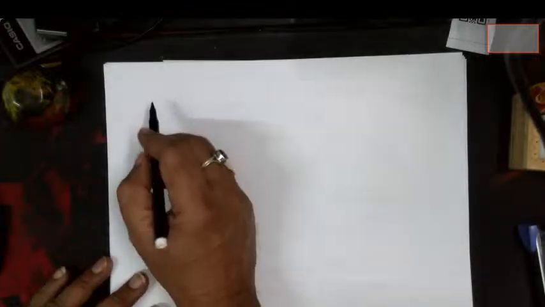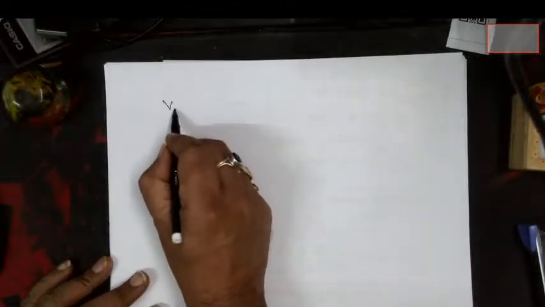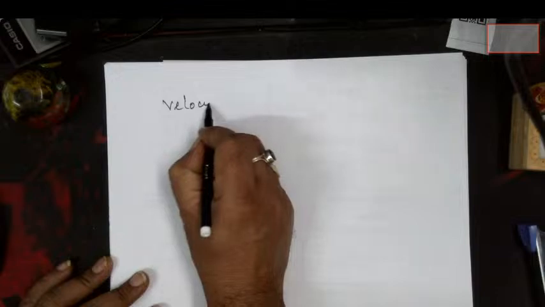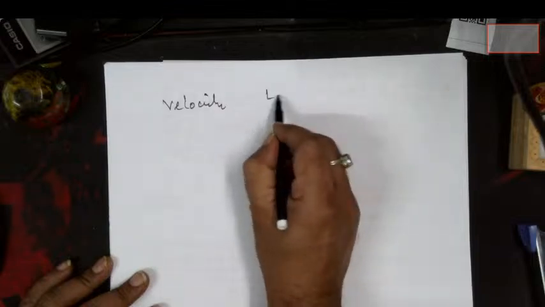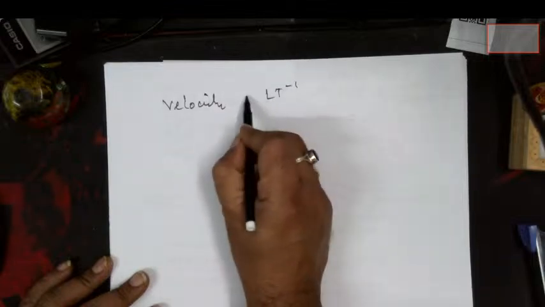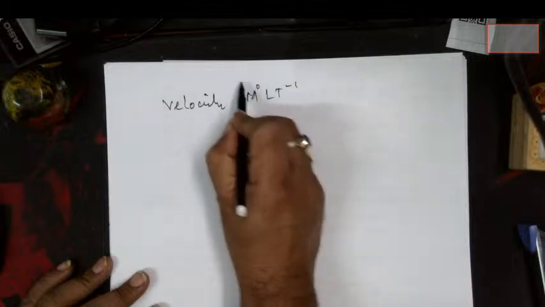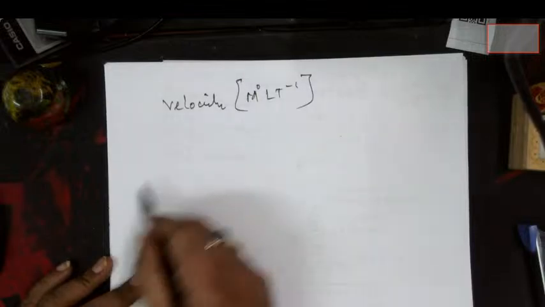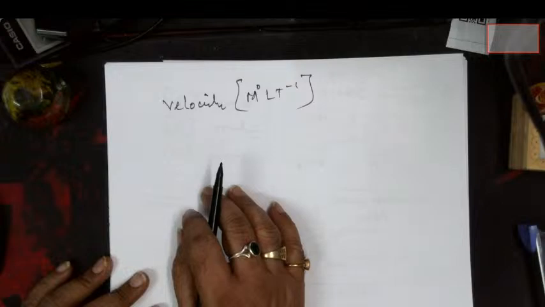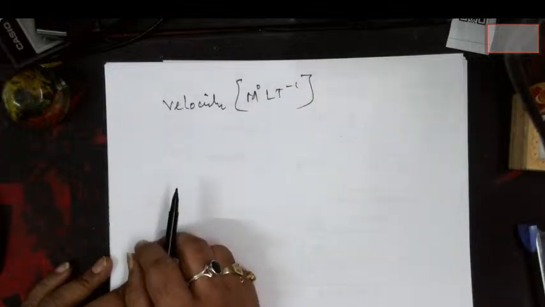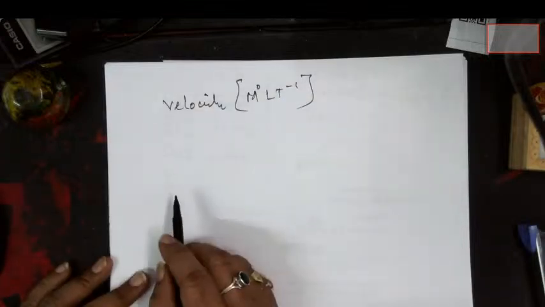Some authors prefer to use all of these. For example, for velocity, you know LT power minus 1, but still they put M power 0. It means anything power 0 is equal to 1, and you can retain the LT power minus 1. So all are correct only.